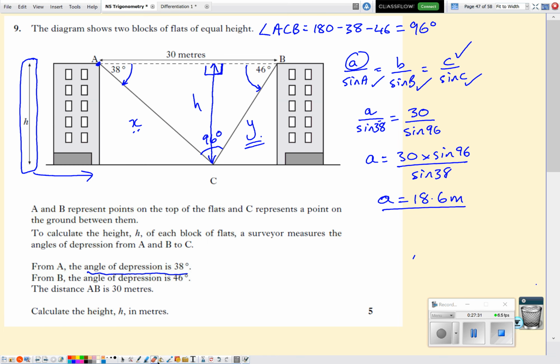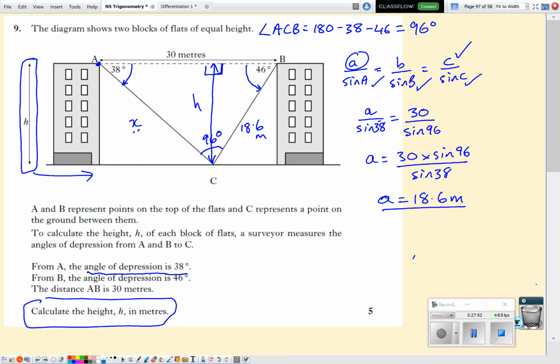Now what I'm going to do is just update my diagram. 18.6 meters. Now that's fine. So we've done the sine rule process. We've worked out a side, but we still don't have what the question's after: the height of the block of flats.